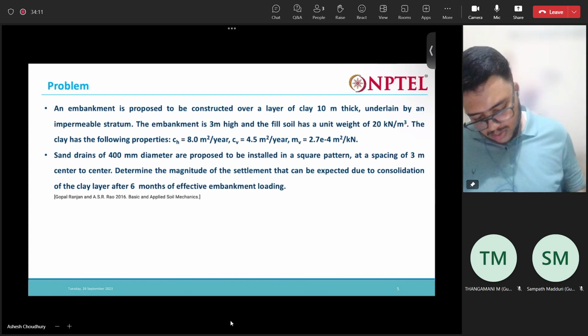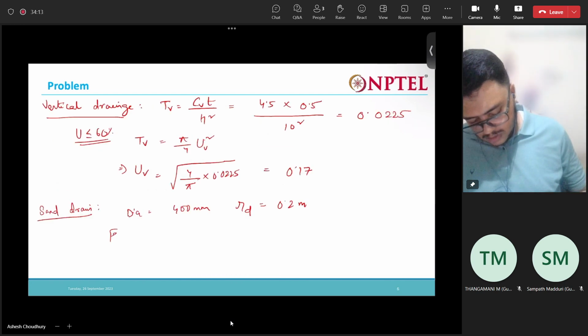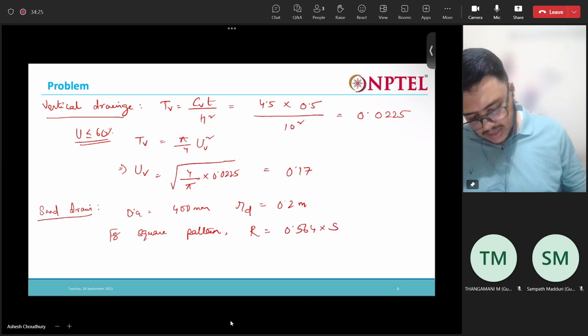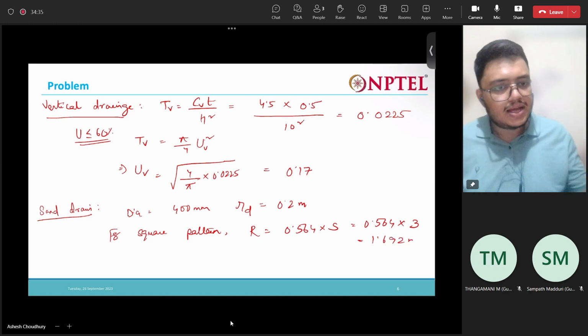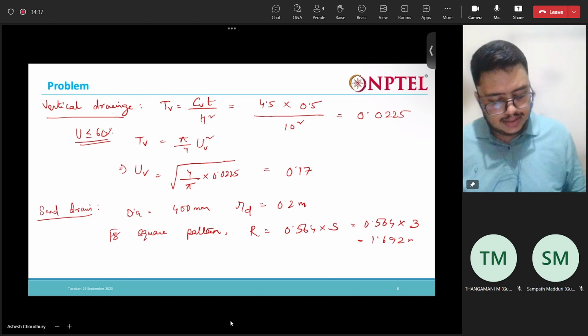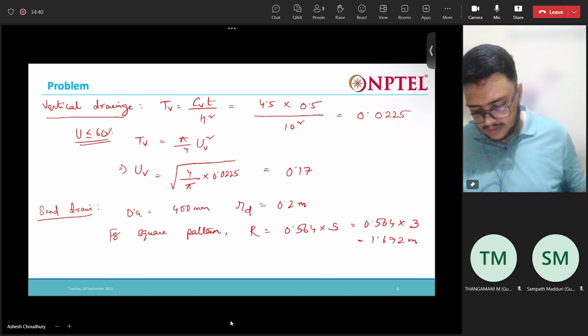So for a square pattern, R is actually 0.564 into the spacing, and what is the spacing? It is given as 3, so 1.692 meter. This is the radius of the unit cell.